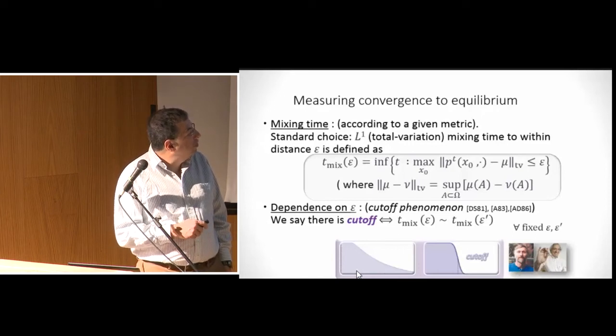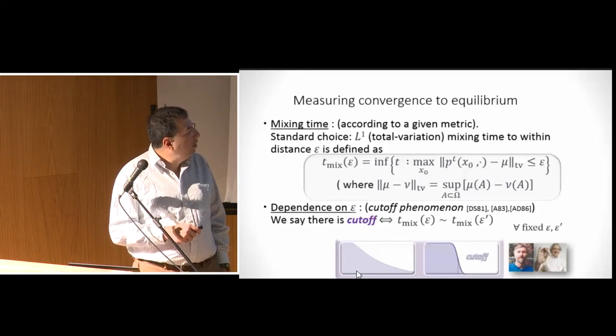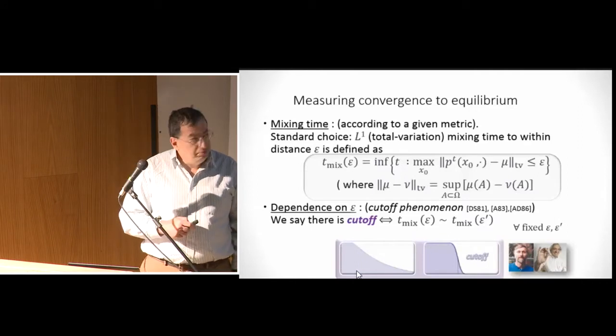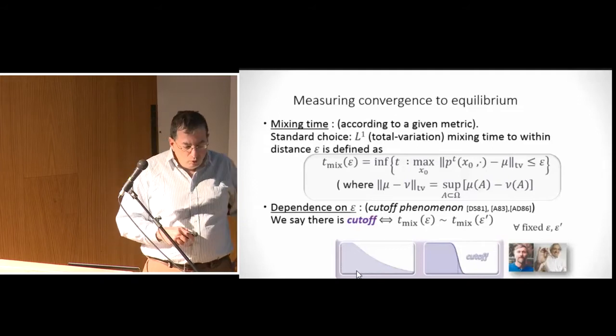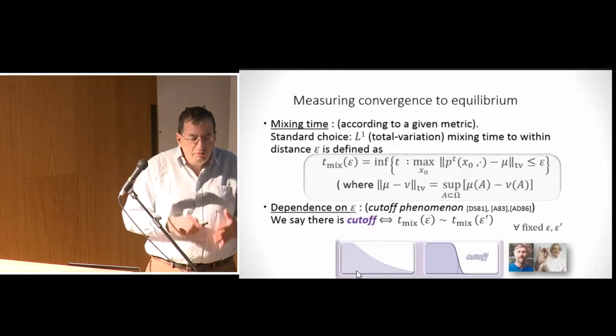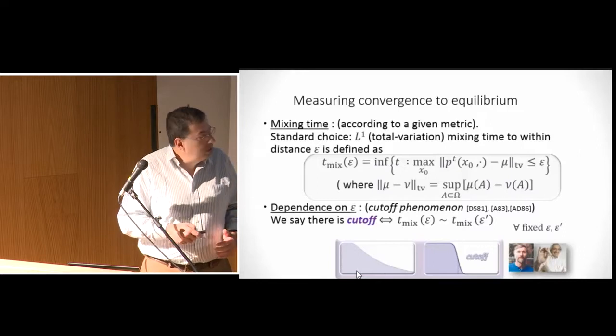And this can be measured in terms of the decay of this function, the distance. So what you see here is the graph of the distance at time t to the stationary measure. So this maximum that you see here, what is the distance? So the distance always, once it reaches strictly below a half, it has to decay exponentially.